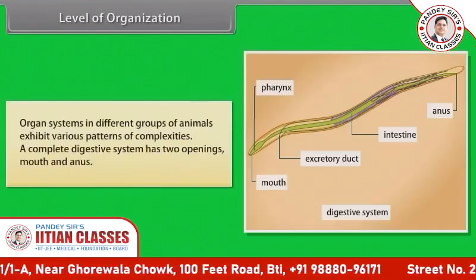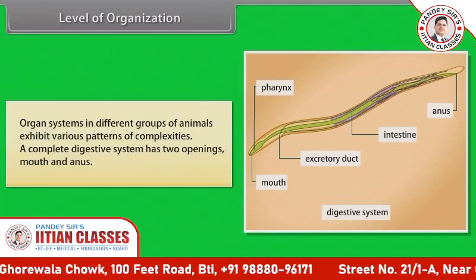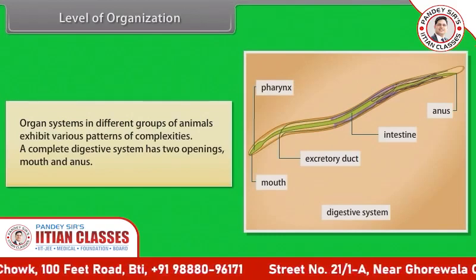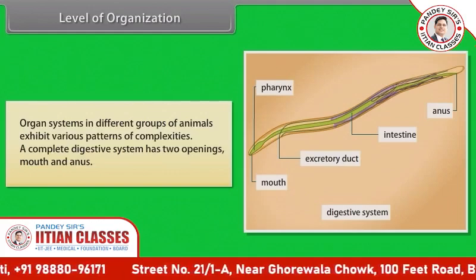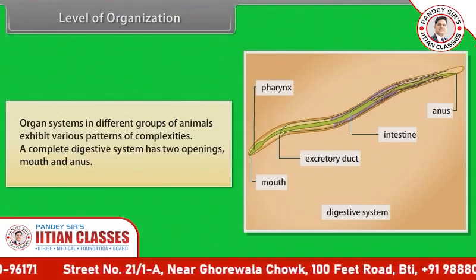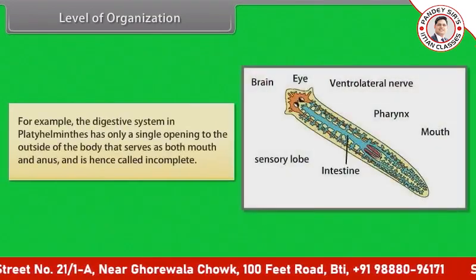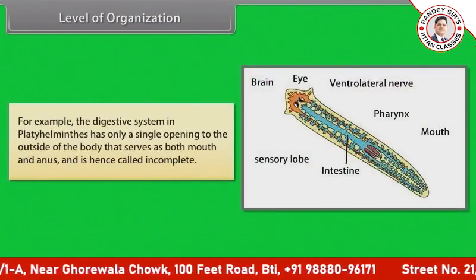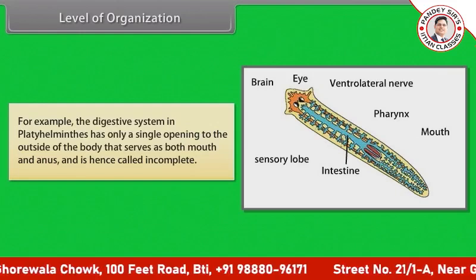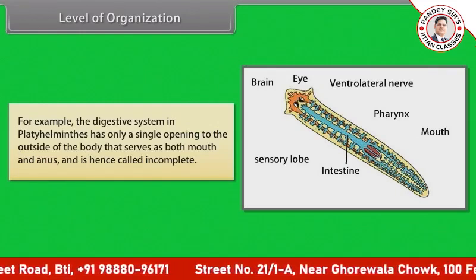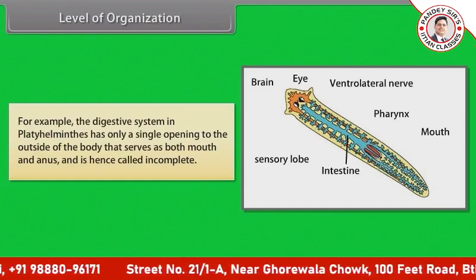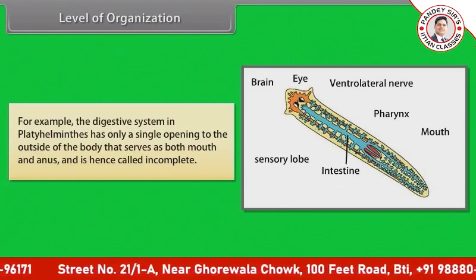Organ systems in different groups of animals exhibit various patterns of complexities. A complete digestive system has two openings, mouth and anus. For example, the digestive system in Platyhelminthes has only a single opening to the outside of the body that serves as both mouth and anus, and is hence called incomplete.